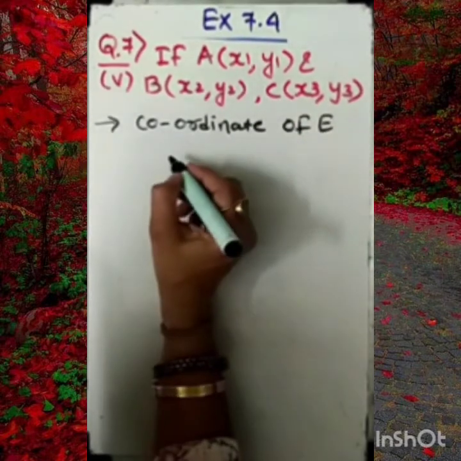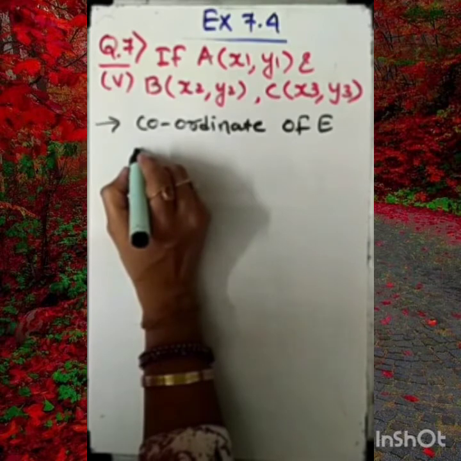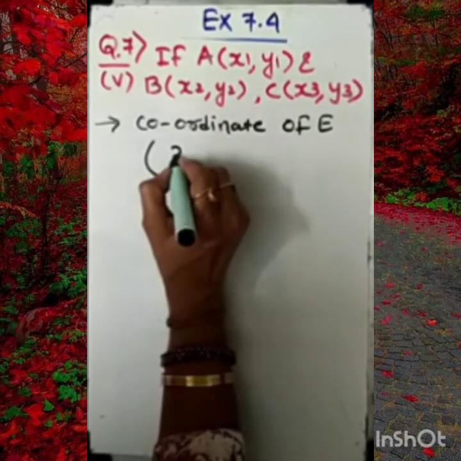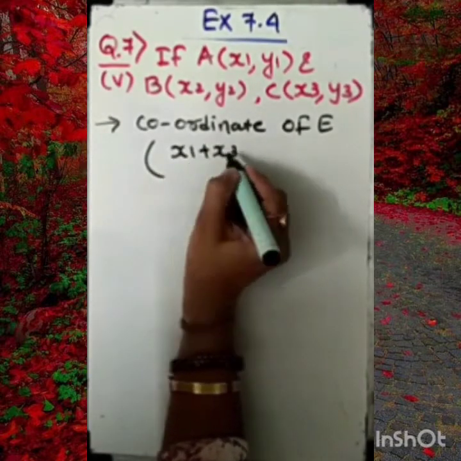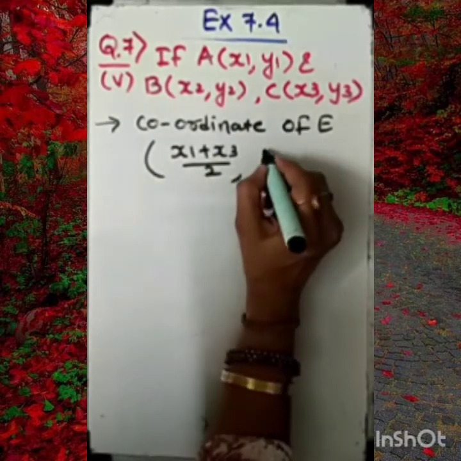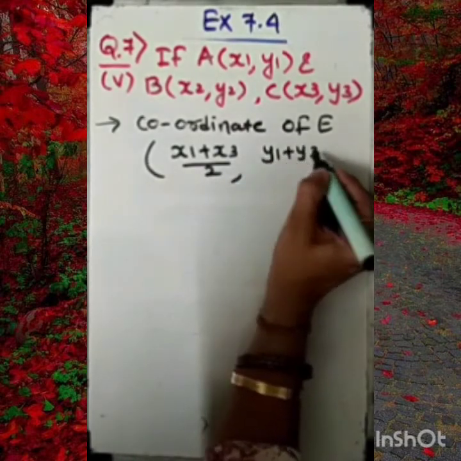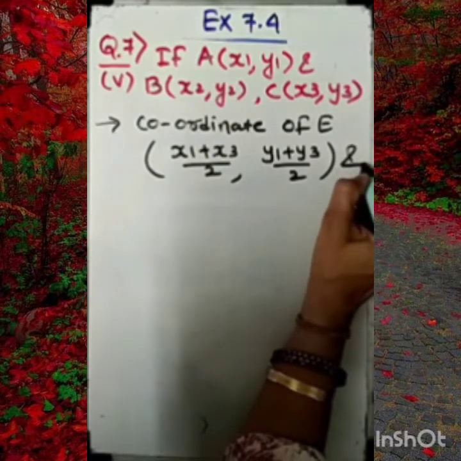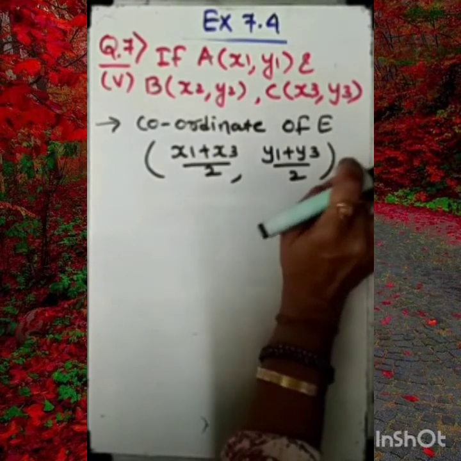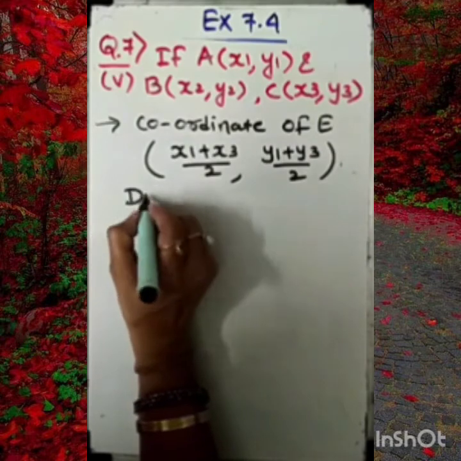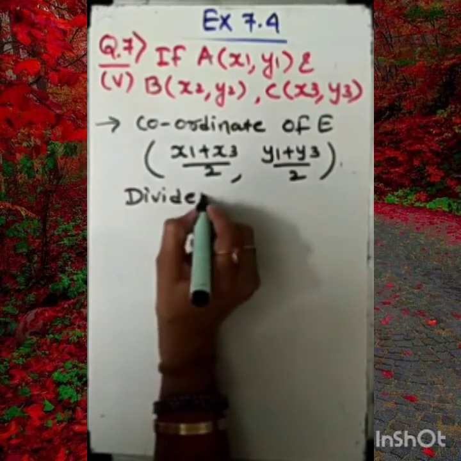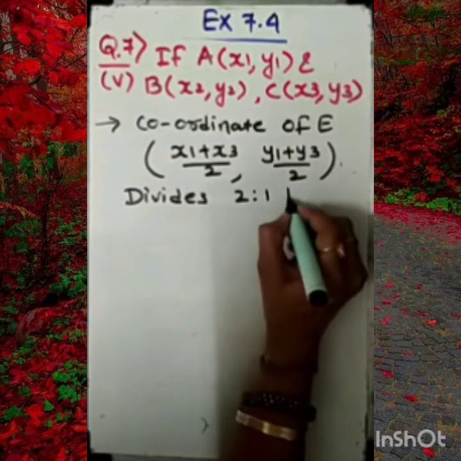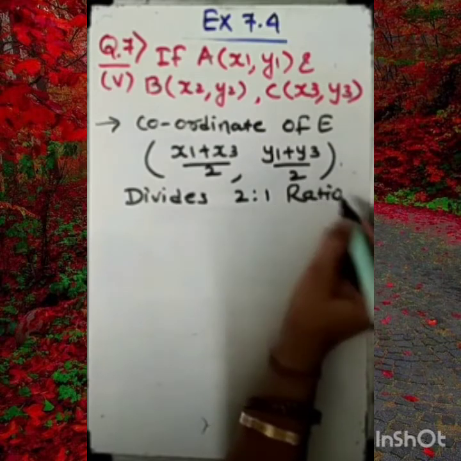You can see in the figure, the coordinates of E will be x1 plus x3 divided by 2 and y1 plus y3 divided by 2. And in the same way, that also divides in 2:1 ratio, the same ratio is there.